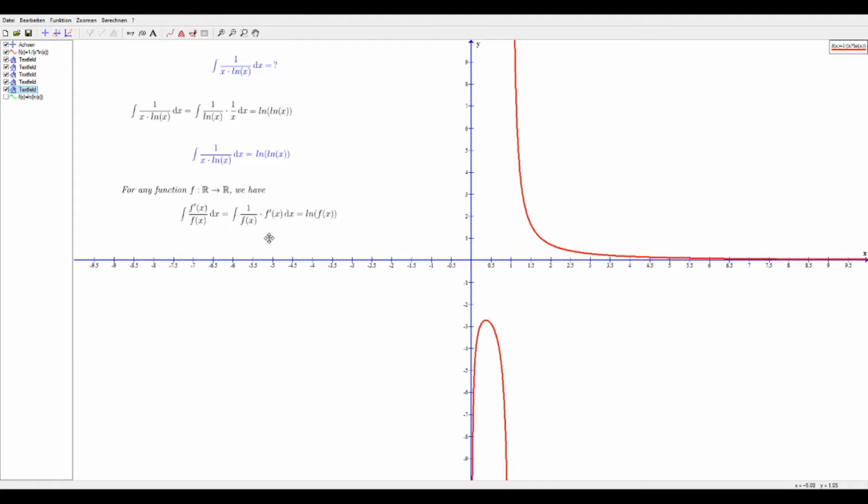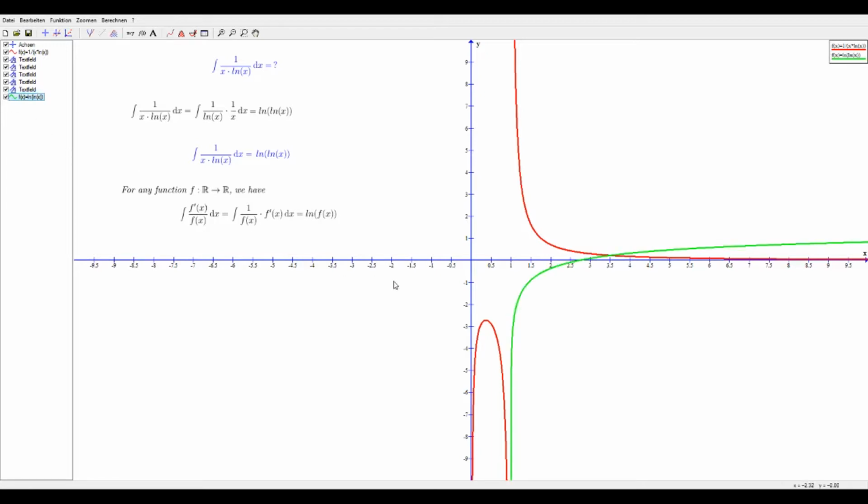I remember that back in school, we did actually have this as a rule to memorize. But come on, that's just obvious. That's not a rule that you have to memorize.